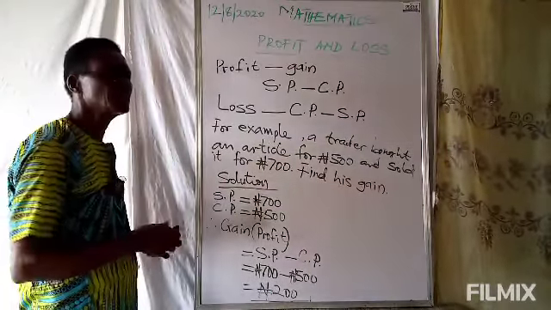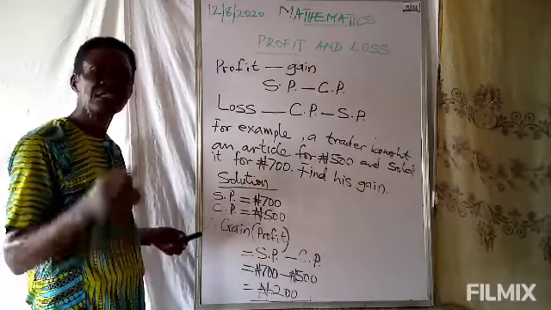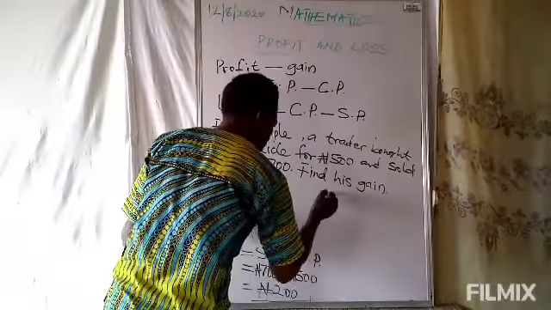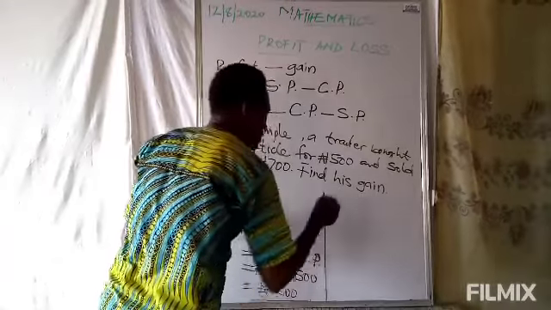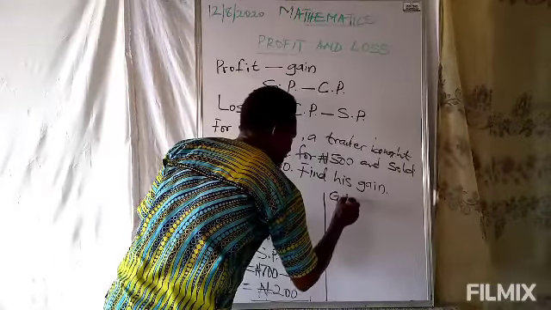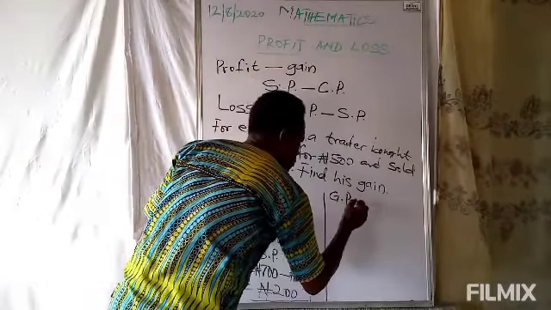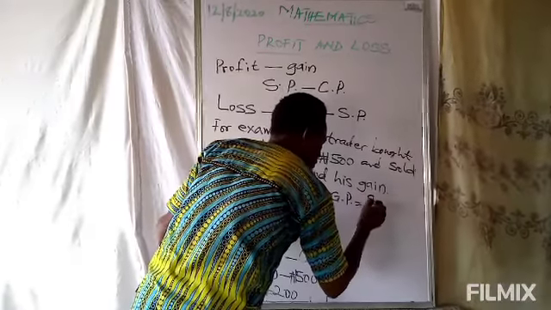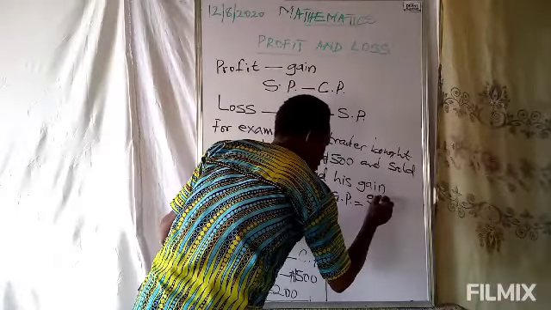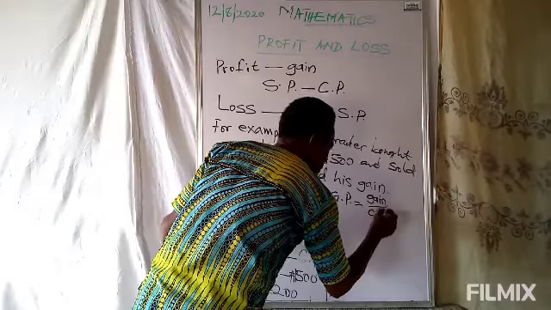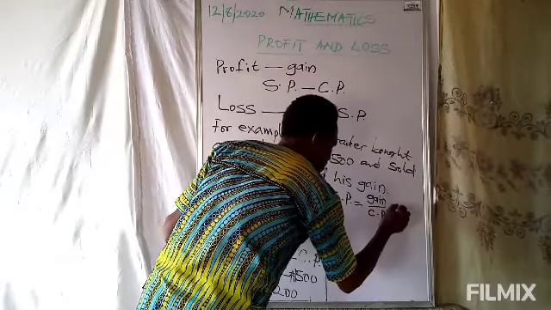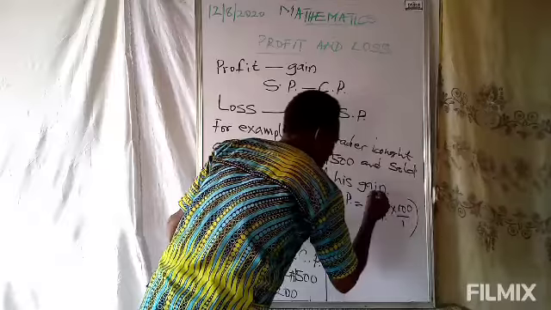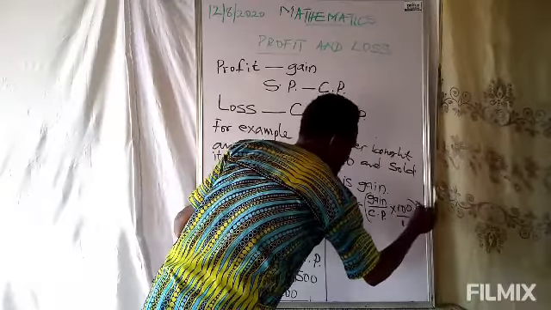Then suppose I now ask you to find his gain percent. So gain percent, GP, is equal to gain over cost price times 100 over 1. Then you have the sign of percent.